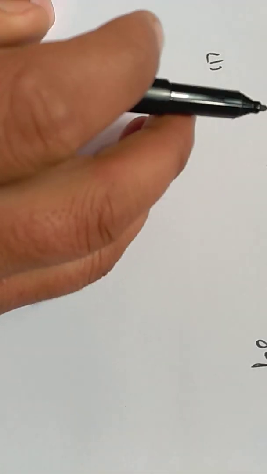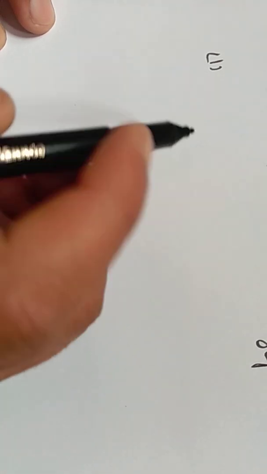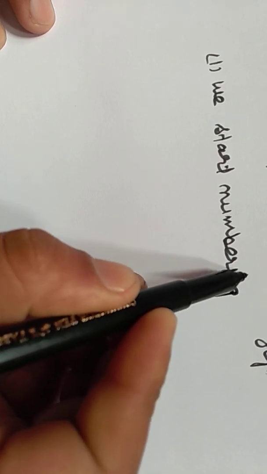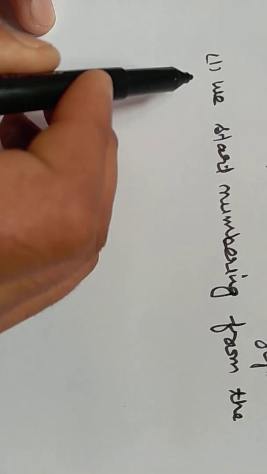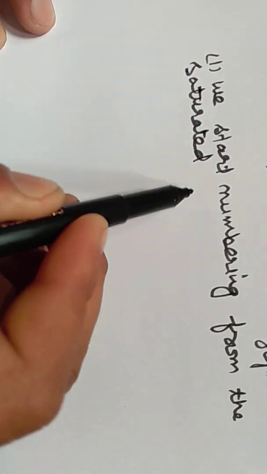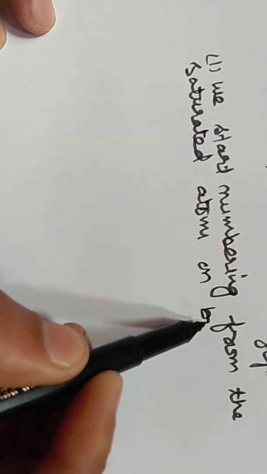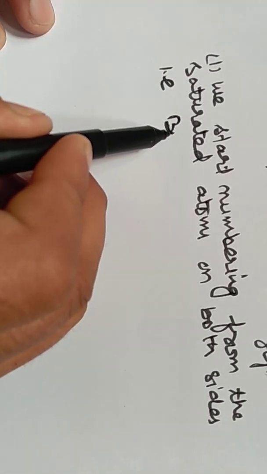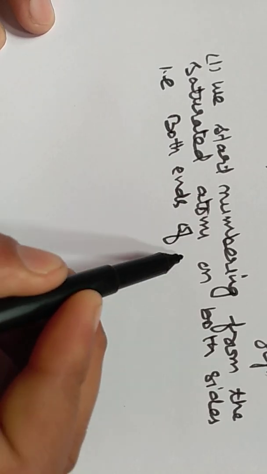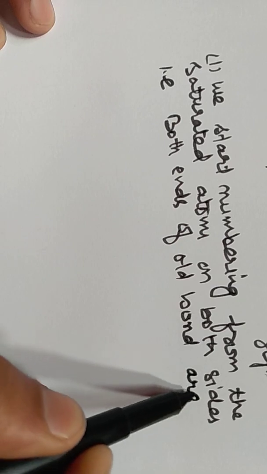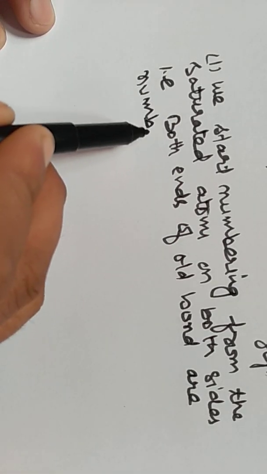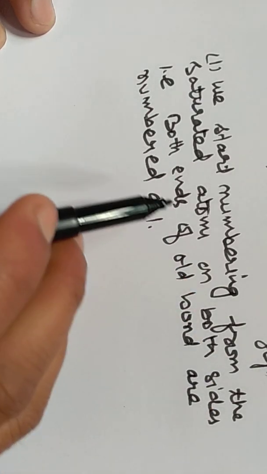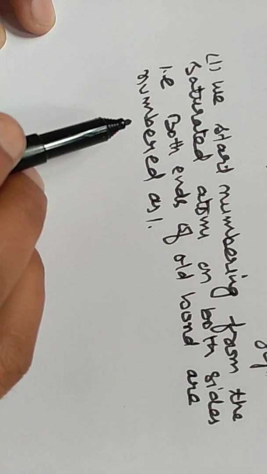First point, we start numbering from the saturated atom on both sides, that is, both ends of the old bond are numbered as 1, right?